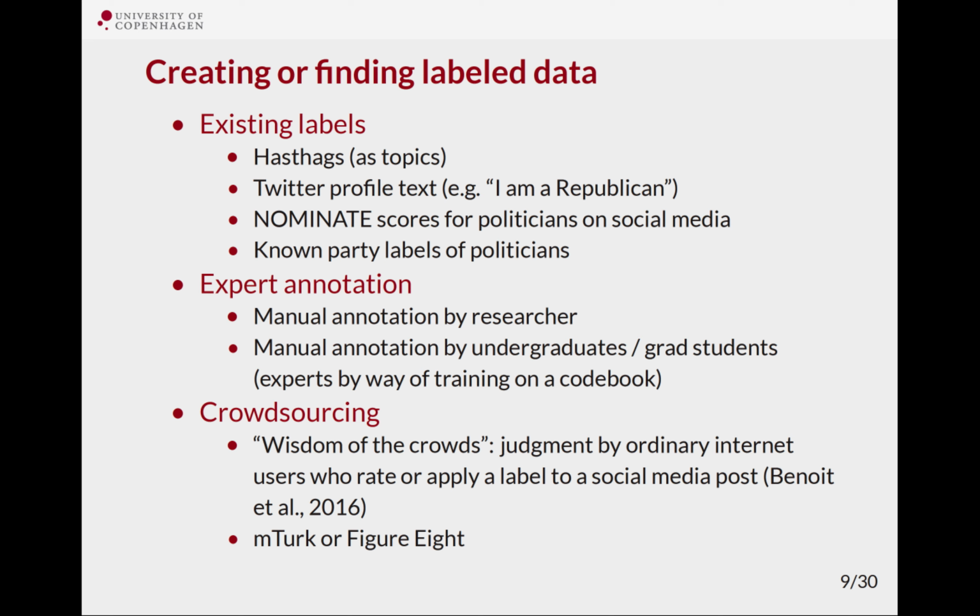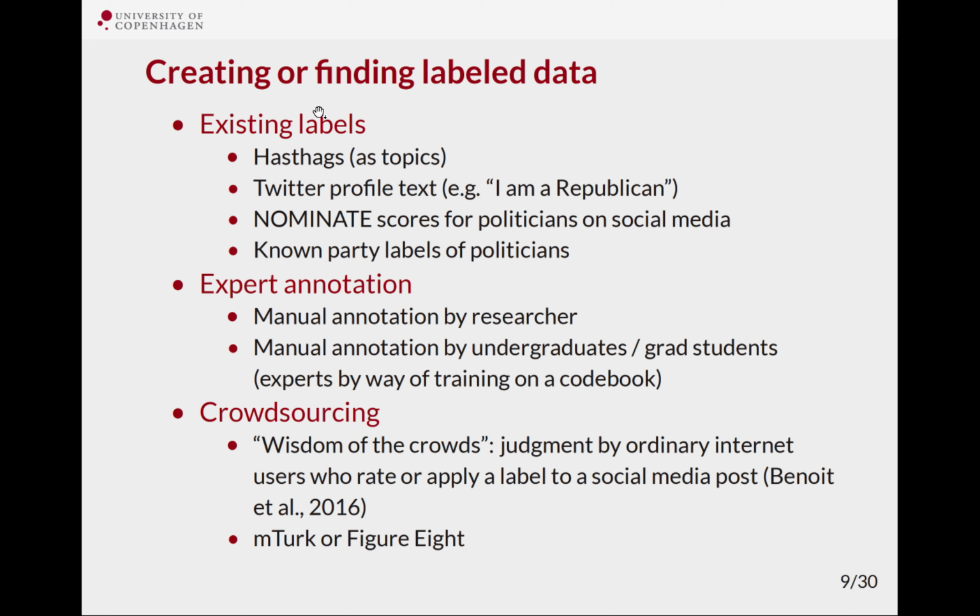So, how do we go about actually creating or finding labeled data? The easiest approach, if it's possible, it's rare that you can do this, is that you can use existing labels. So you might be able to think about ways of labeling your data that do not involve manual annotation, because manual annotation takes a lot of time and it can cost a lot of money.